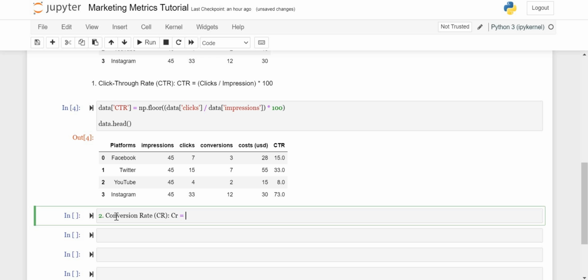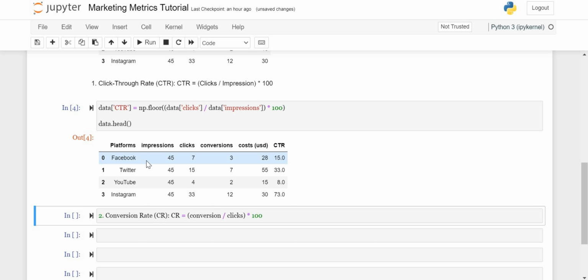CR is equals to conversions divided by clicks, and of course it is also in percentage, so multiply by 100.